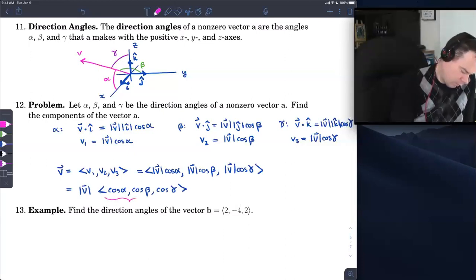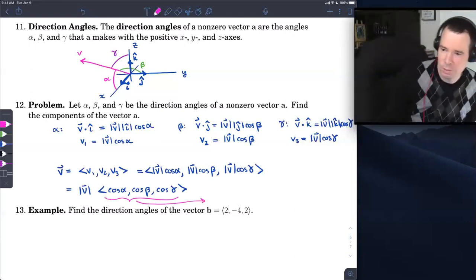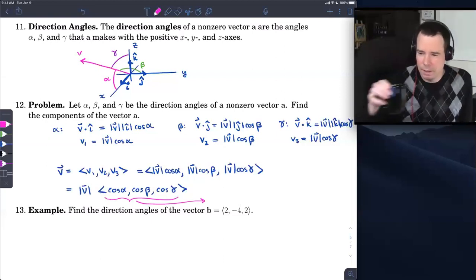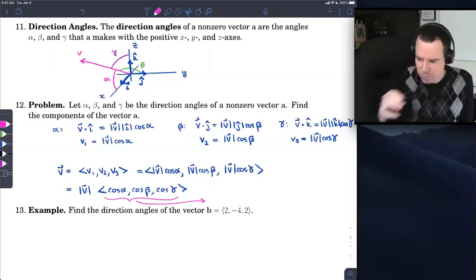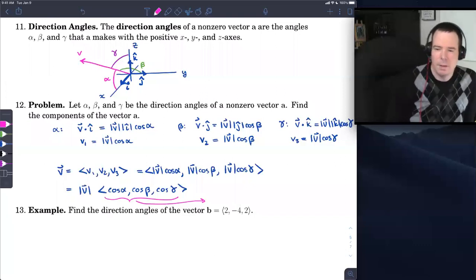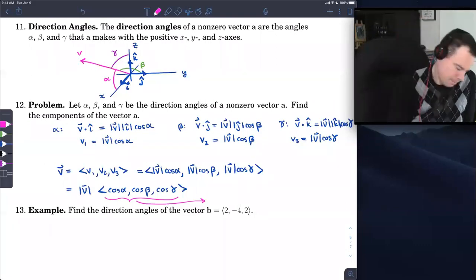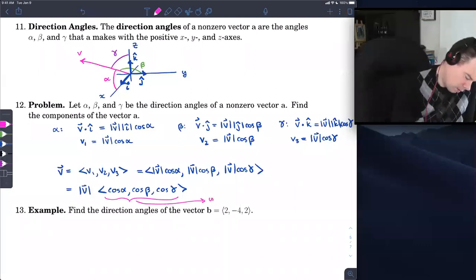And so our observation here is that once I know the direction angles, which are alpha, beta, and gamma, then that gives me a unit vector that points in the direction of v. This is by taking the cosines. Sorry, I spelled the word unit wrong. This is a unit vector in the direction of v.